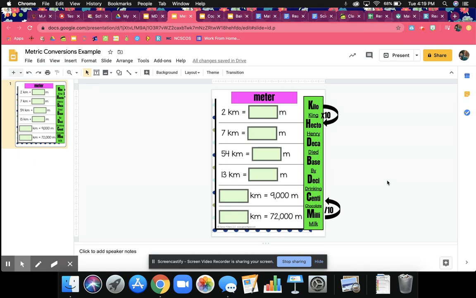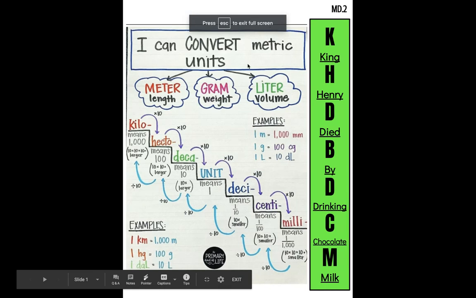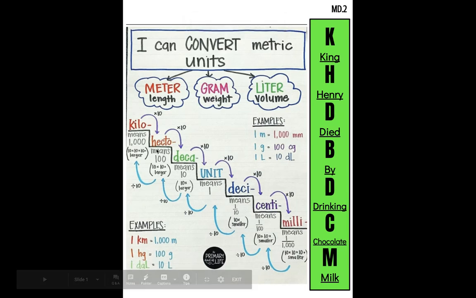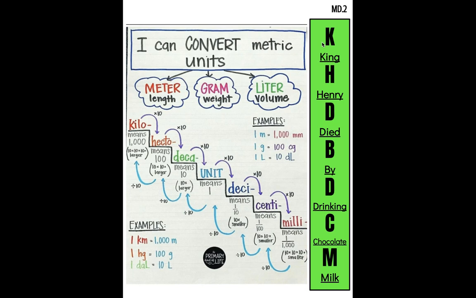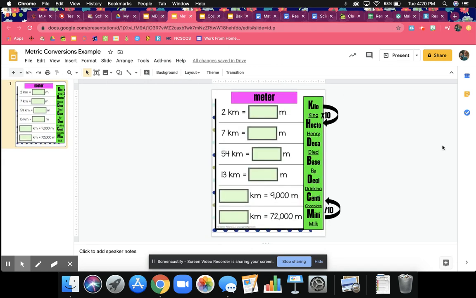So remember your anchor chart yesterday you looked at? You had your metric units, and our base unit is in the middle, and you can go up in your prefixes and down in your prefixes. So remember, the key phrase I told you to remember was King Henry died by drinking chocolate milk. So going to this anchor chart, I have that again, but I also have what the prefixes are.